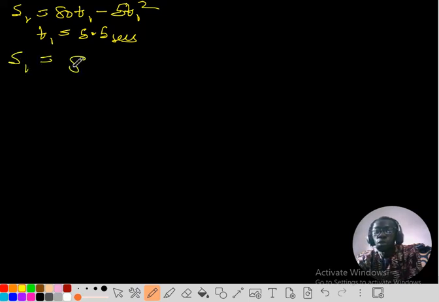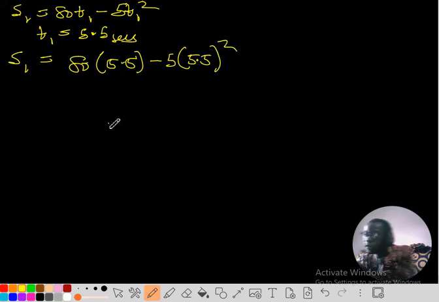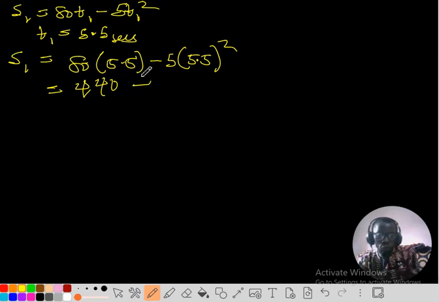Distance x1 will be 80 in bracket of 5.5 minus 5.5 squared. So all I'm dealing with now is 80 times 5.5, which will give me 440, minus 5.5 squared. 5.5 squared will be 30.25, then multiply by 5, that will be 151.25.